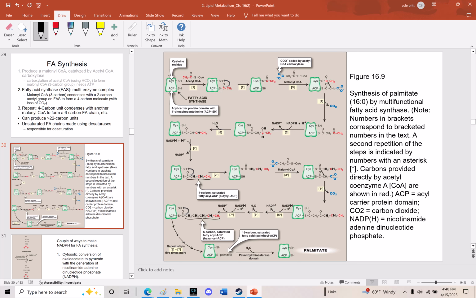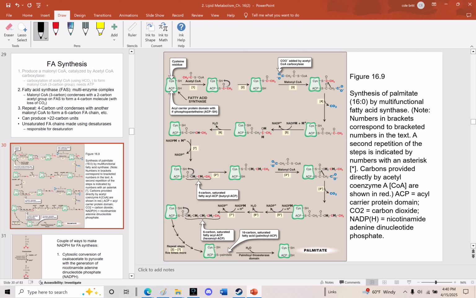So again, oxidized is when you lose electrons, reduced is when you gain electrons. So NADPH is the reducing power for doing fatty acid synthesis. I think that is one of your quiz questions, and even probably an exam question, somewhat like that. Because NADPH is a really important molecule for making these fatty acids. We need it in order to put the hydrogens, those electrons, onto the fatty acid.